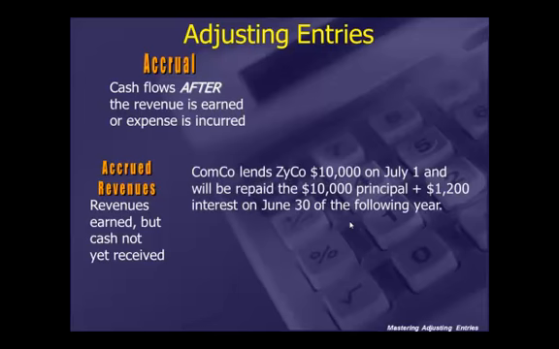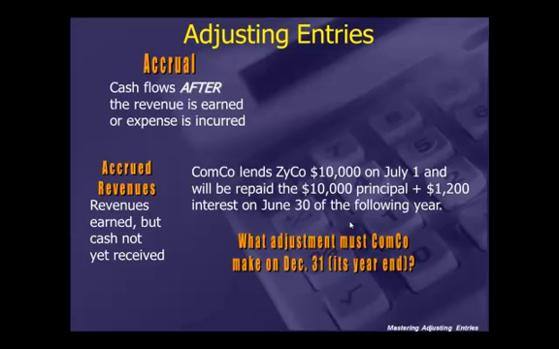Looking at this, we have Compco lends Zyco $10,000 on July 1 and will be repaid the $10,000 principal plus $1,200 interest on June 30th of the following year. What adjustment must Compco make on December 31st, its year end? So this is overlapping 2 calendar years.